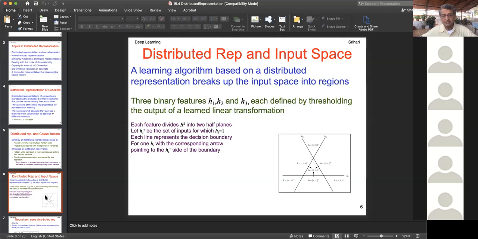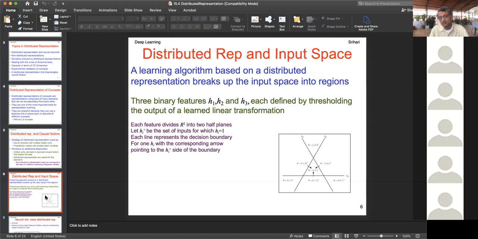So it means it's a linear transformation into one or the other. Basically, each feature divides, in this example, a two-dimensional space, or R2, into two half planes. And so we are calling it Hi plus, the set of inputs for which Hi equals 1, and similarly Hi minus, and there is the decision boundary.